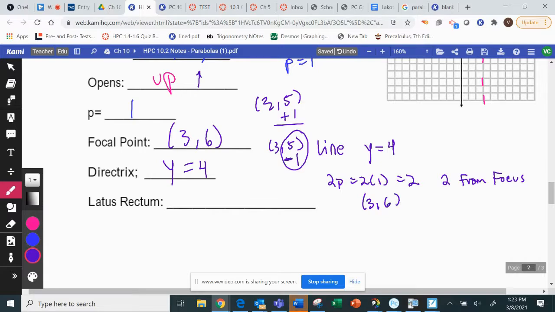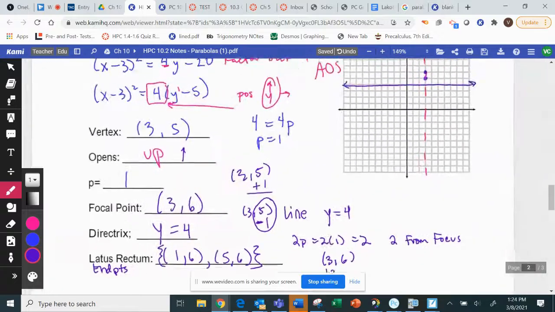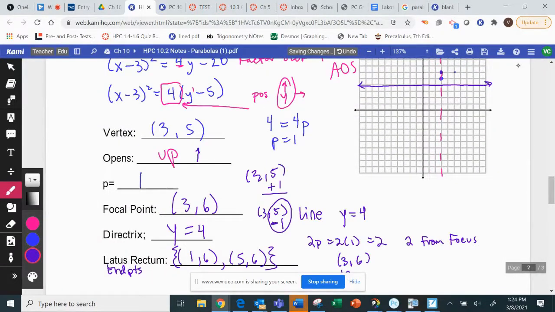Since the directrix and focus were up and down, the latus rectum is going to go the other direction. So this is going to be left or right. So I'm going to go plus or minus 2 from the x. So my endpoints of the latus rectum will be at (1, 6) and (5, 6). Or we could just go on the graph and count from the focus out, and it would be at (1, 6) and (5, 6).